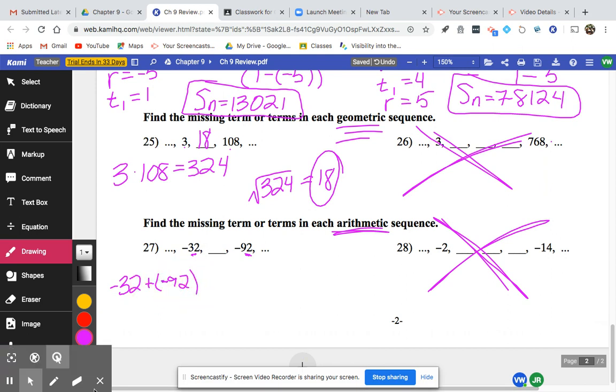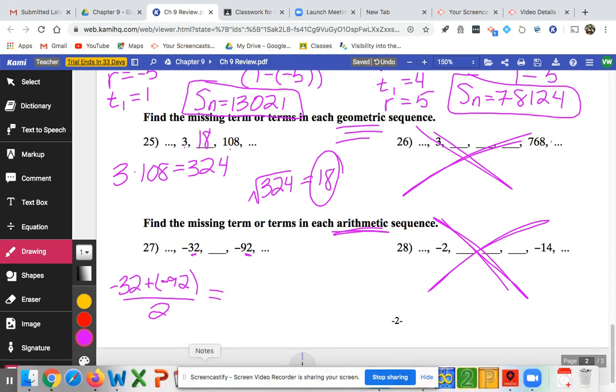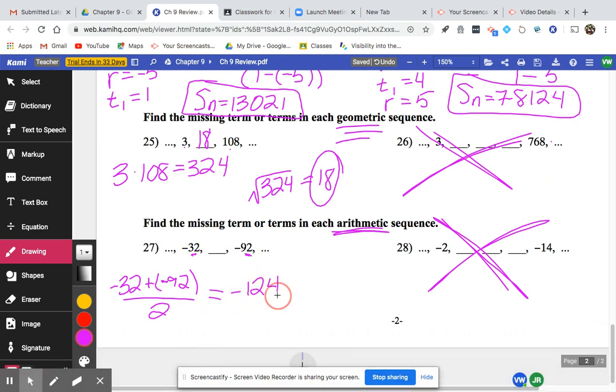So -32 plus -92, and once I've added them together, I'm dividing them by 2. And that'll actually get me my middle term. So whenever I add them, I get -124. Divide that by 2, you get -62. So -62 is my missing term.